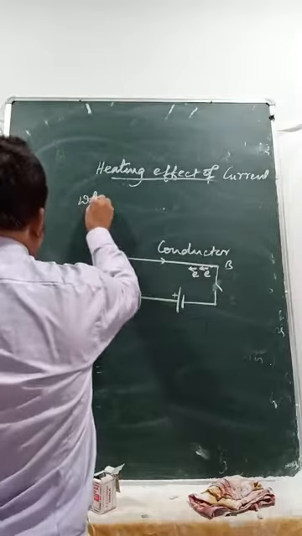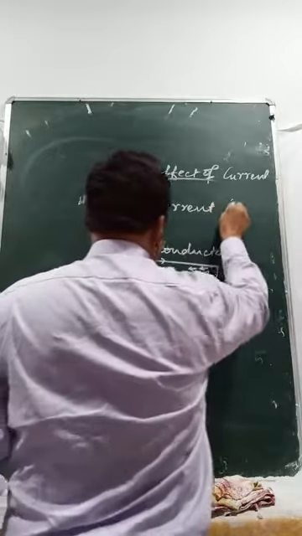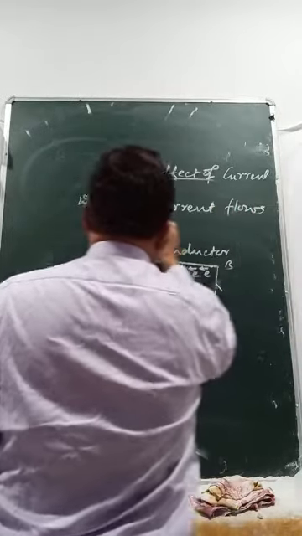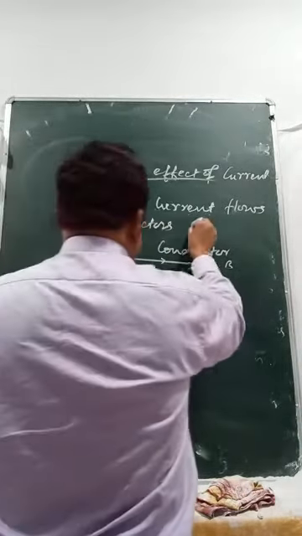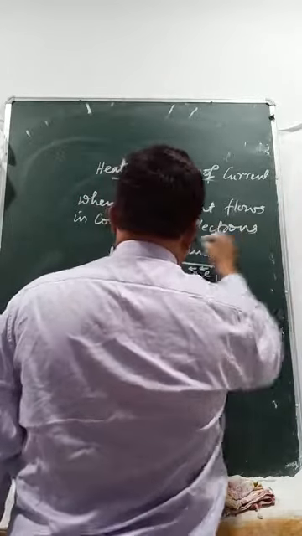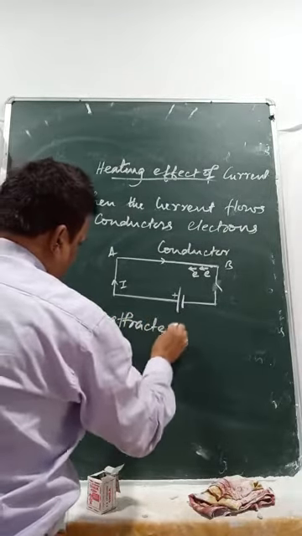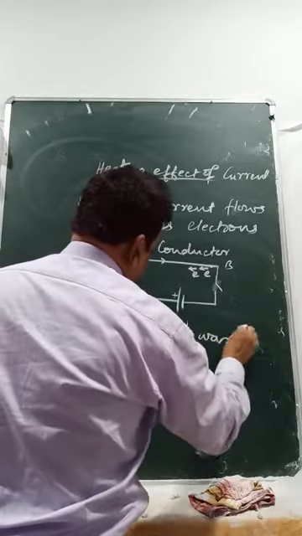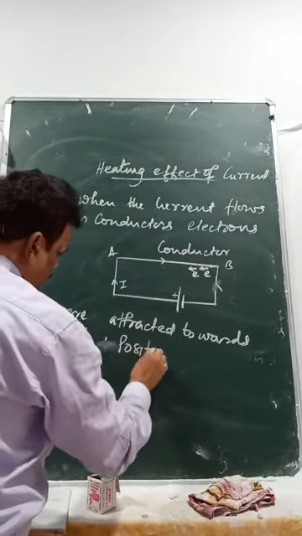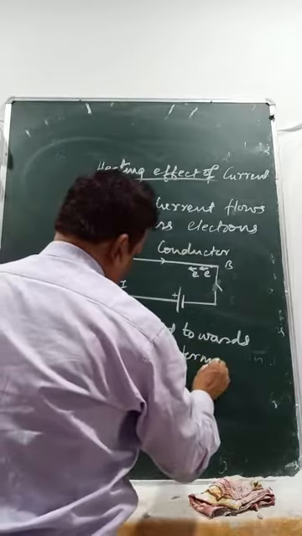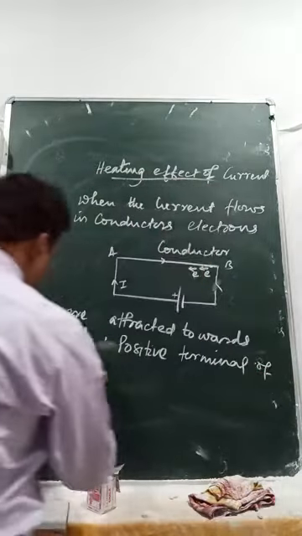So when the current flows in a conductor, electrons are attracted towards the positive terminal of the conductor.